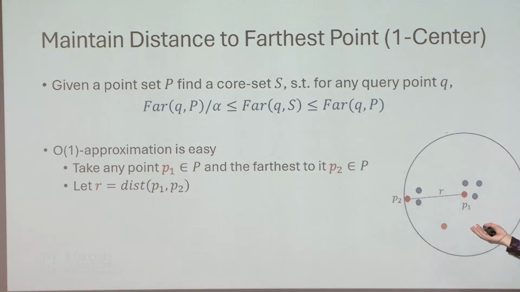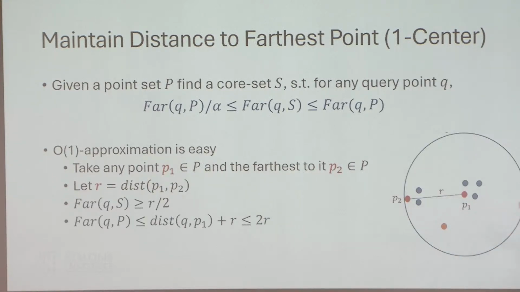And why is this a good coreset, or a constant factor coreset? Well, for any query point, we know that its distance to either P1 or P2 should be larger than r over 2, right? And then if the query, for example, lies inside of this ball, we know that in the original point set, the distance of the query to any point could not be larger than the distance of the query to P1 plus r.